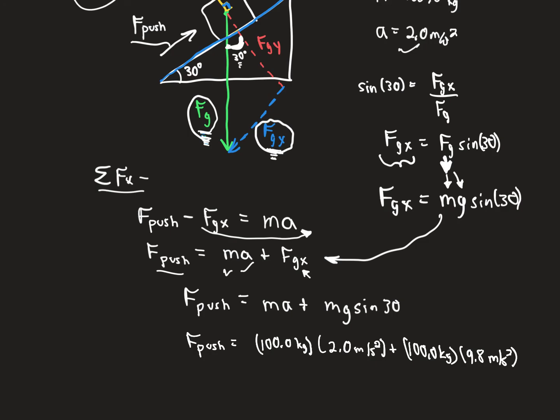And we use a positive 9.8 because we took care of the fact that it's negative when writing our sum of force equations. And then I multiply again by that sine of 30. So here I'm just plugging numbers in: the mass, the acceleration, the mass again, the acceleration due to gravity, and the sine of 30. Plug all this into your calculator and you will see that F push is equal to 690 newtons.